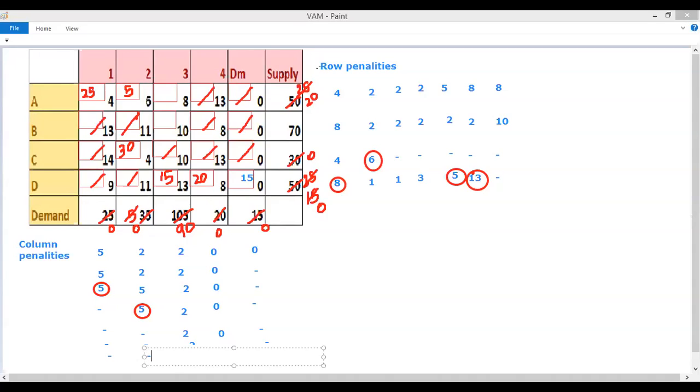Even this value we don't have to compute. Here we have the same penalty 2. We don't have to compute. And even here we don't have to compute. So now which is the maximum penalty? This one, yes, right? This is the maximum penalty. Now allocate resources.